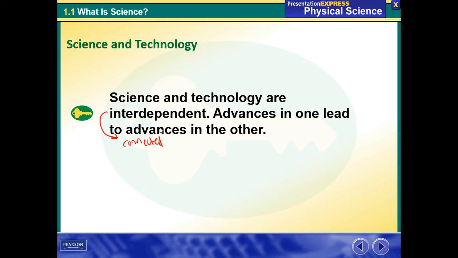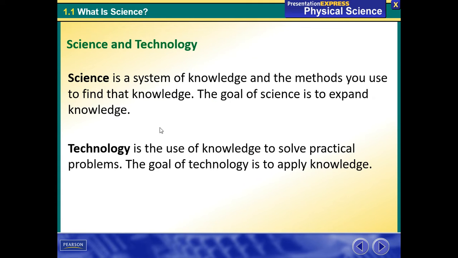And building that technology allows us to see into outer space and allows us to discover a new planet. And then that's going to cause us to want to build more technology and discover more science, and it feeds off each other. Now, this is all great and fine, but we have to be able to identify and understand the difference between science and technology.